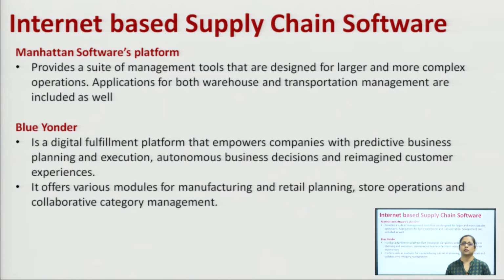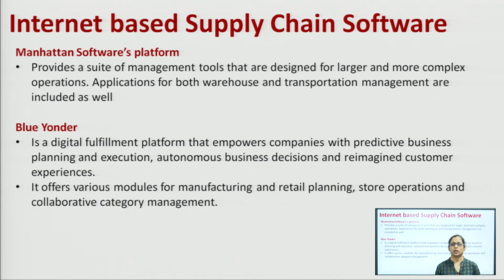Coming to the next software, that is Blue Yonder. It is basically a digital fulfillment platform that empowers the company with predictive business planning and execution, autonomous business decisions, and a reimagined customer experience. So, basically this Blue Yonder platform provides the companies with lots of solutions, and the company can choose the solutions depending on their available resources.